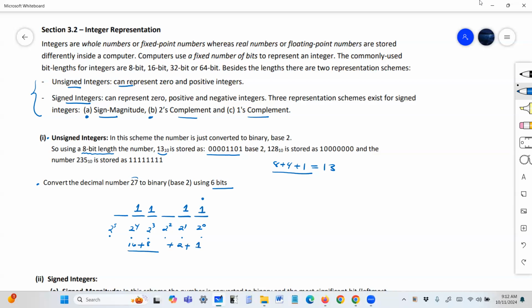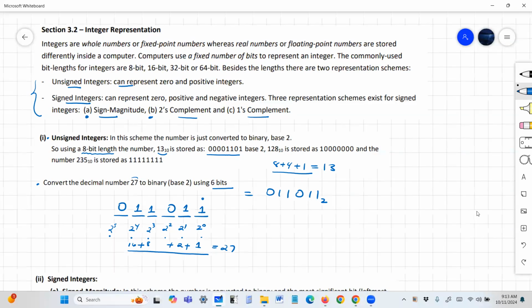If I add all of these values, I have 16 plus 8 is 24, plus 2 is 26, plus 1 is 27. The rest I have zeros. So 27 is represented as 0, 1, 1, 0, 1, 1 in binary as an unsigned integer. That's all we have to do: convert the number to binary. This is very straightforward.